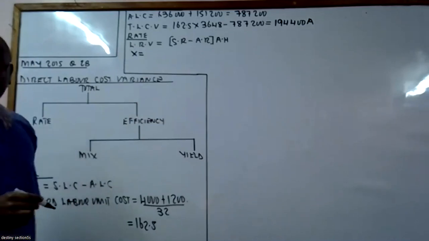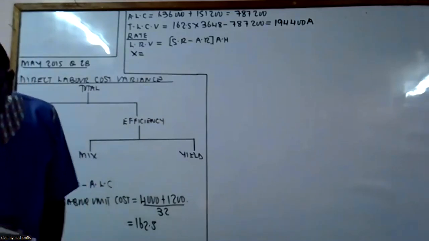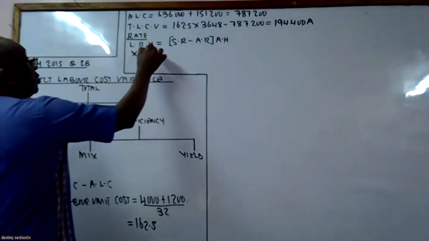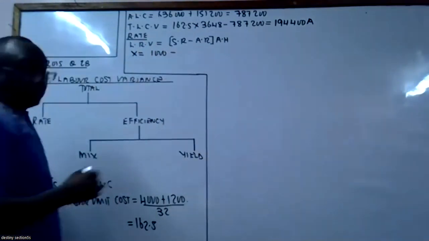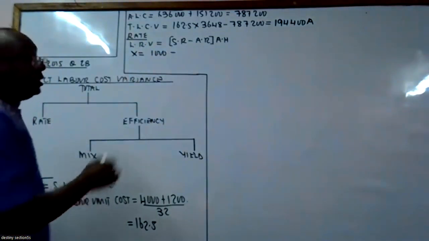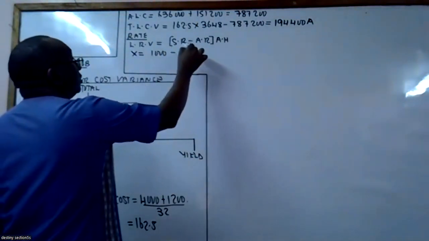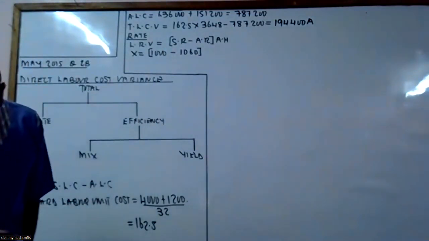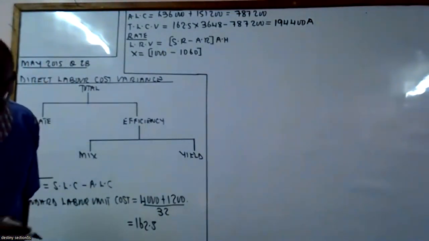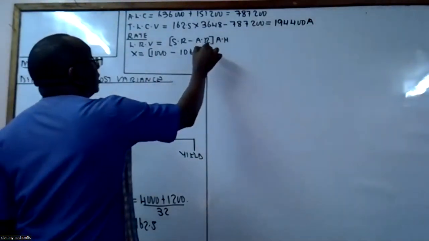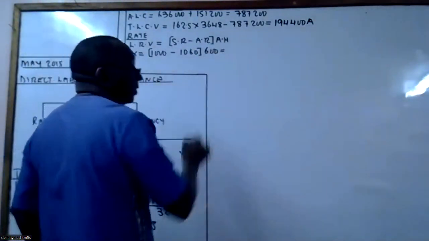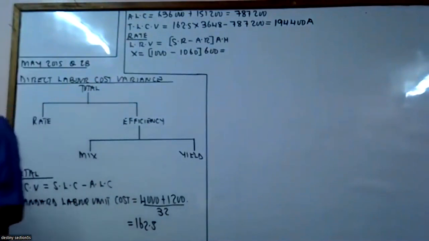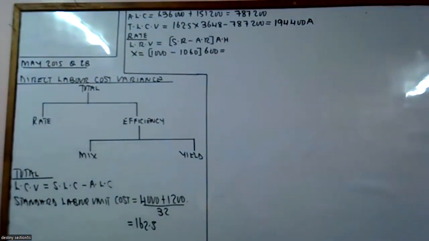Looking at Department X up there, you can see that the rate was 1,000, and the actual rate was 1060. The actual hours were 600. So tell me how much that is.